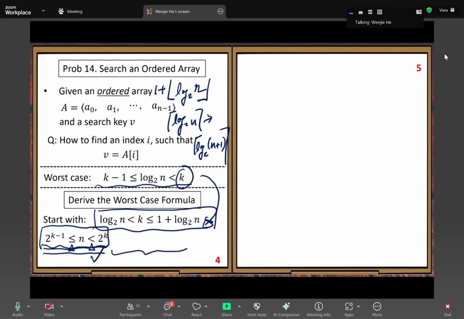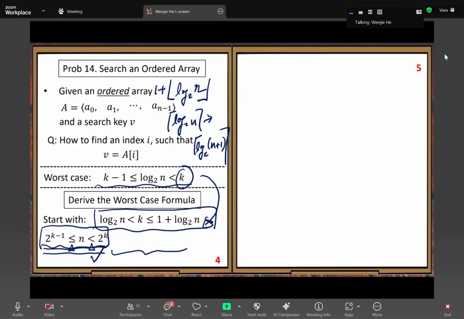Because here we want to get the best description, or let me say the best constraint between n and k.